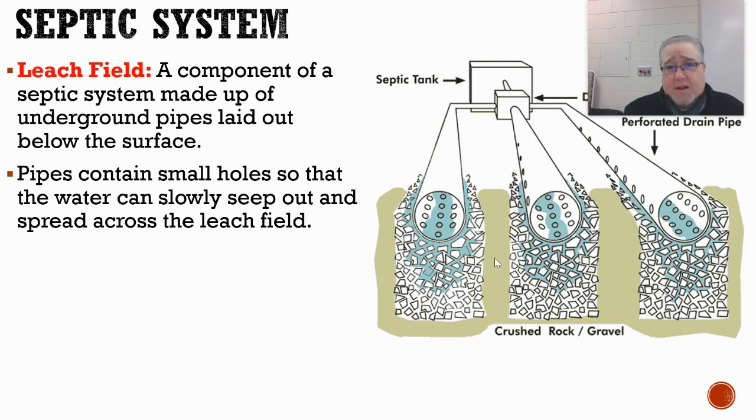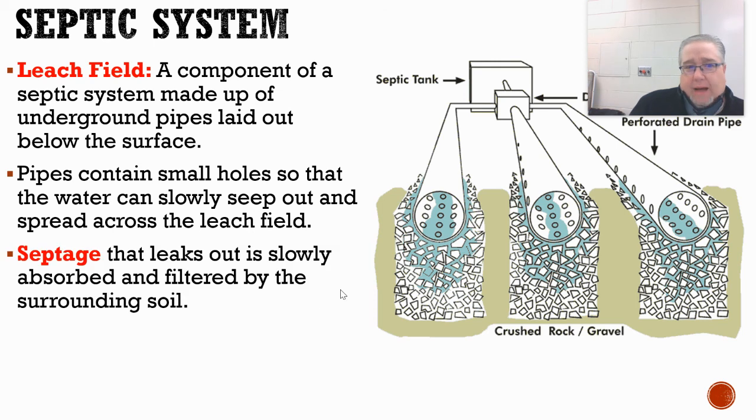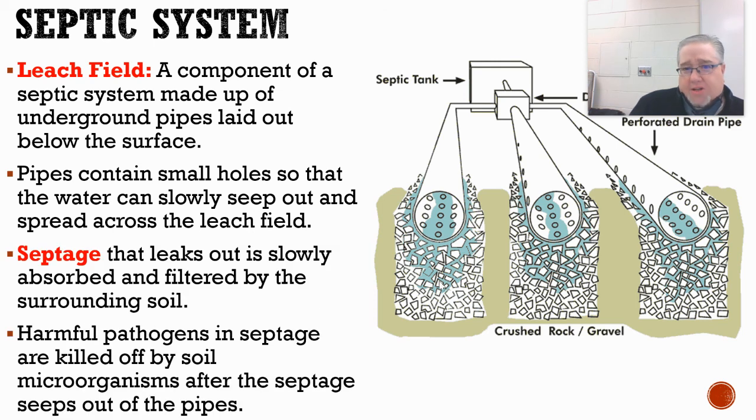This rock is very porous and allows all that water to slowly seep through it. As the water seeps through, any larger particles will most likely be trapped in the rock, but all that water is just going to drain through.